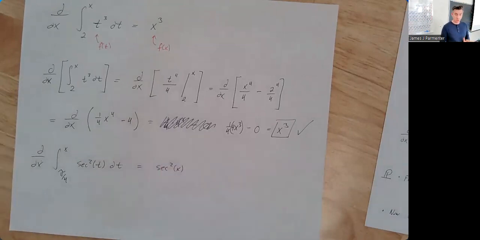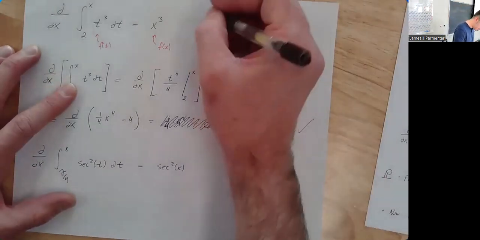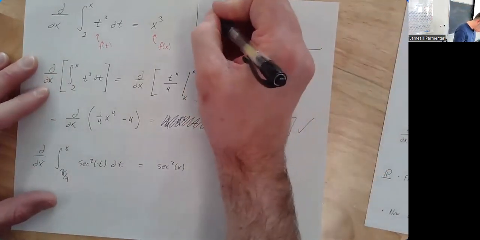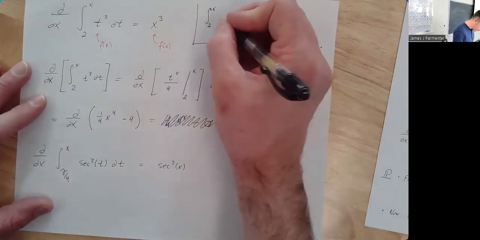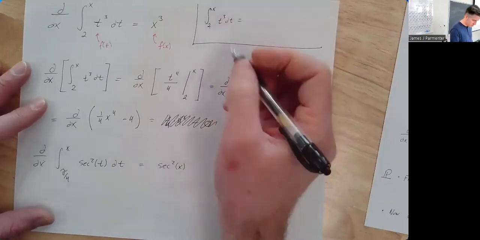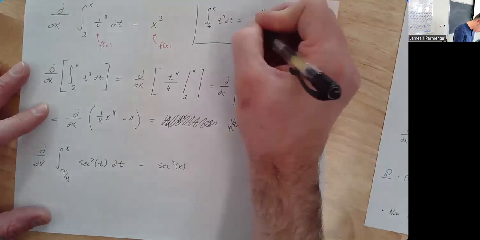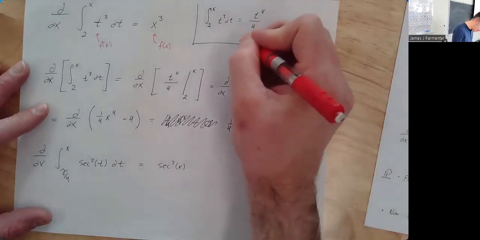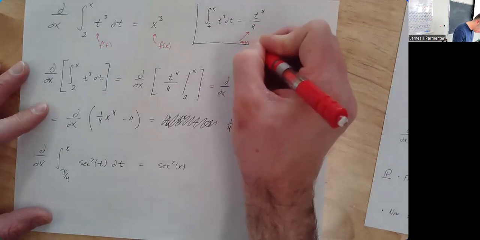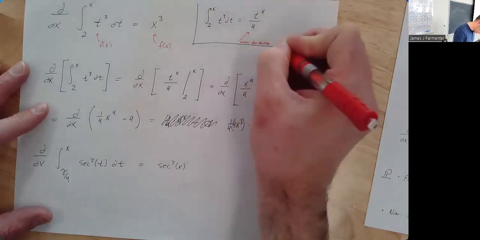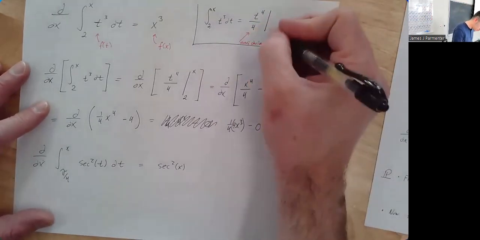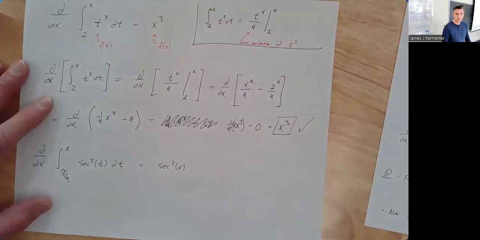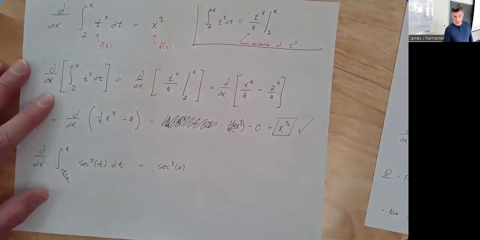So what I did was I used the fundamental theorem of calculus part 2, which says that the integral from a to b, or from whatever endpoints you like, of your function is equal to the antiderivative of your function, of t cubed, evaluated between 2 and x. And then we plugged in and so on and so forth.